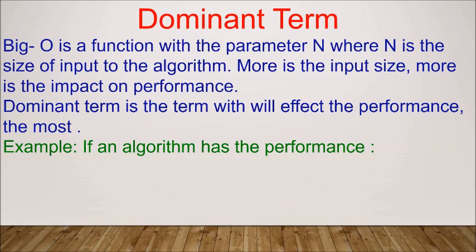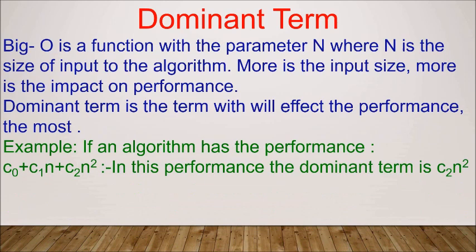So for example, suppose an algorithm has performance C0, C1n and C2n square, where n is the term and the C's are constant values, meaning the time required for any particular statement. In this case, the dominant term will be n square, because the result will mostly depend on n square.